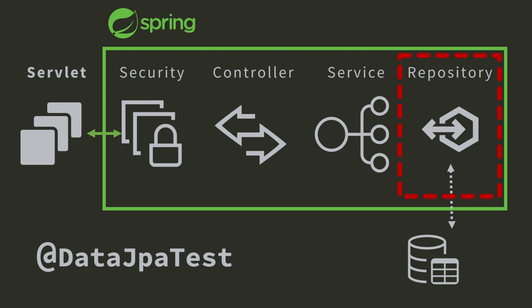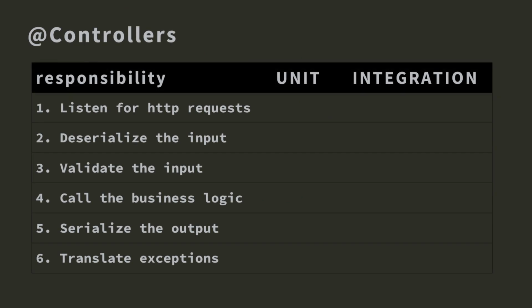I specifically want to return to controllers and explore their role in a Spring application and the difference between unit and integration tests for them. Controllers have 6 responsibilities in a Spring application. They need to listen for HTTP requests, deserialize the input, validate the input, call the business logic, serialize the output, and then translate exceptions if there are any.